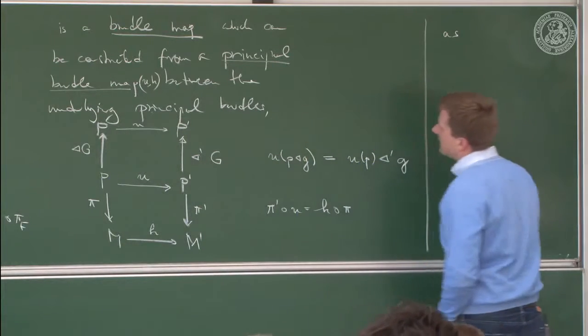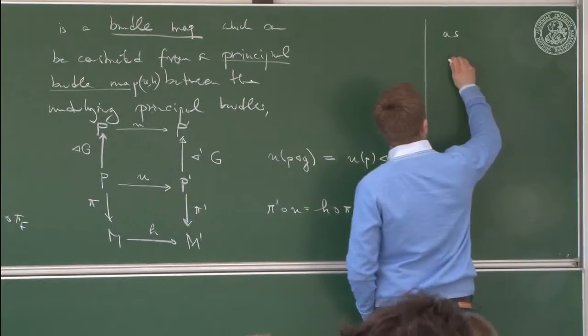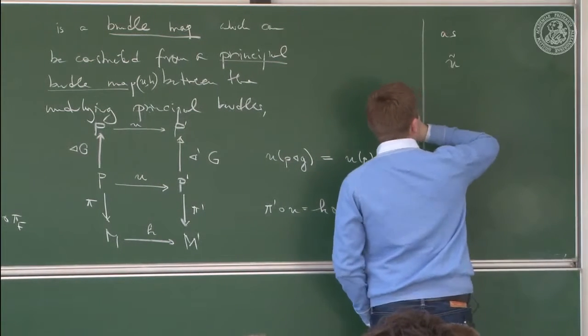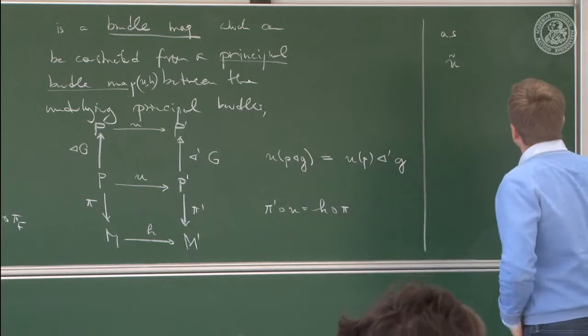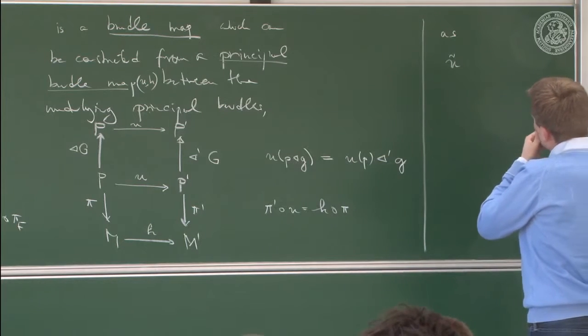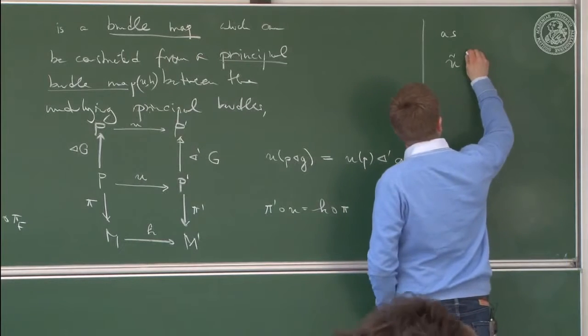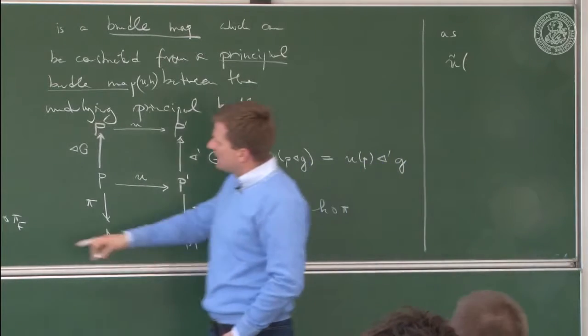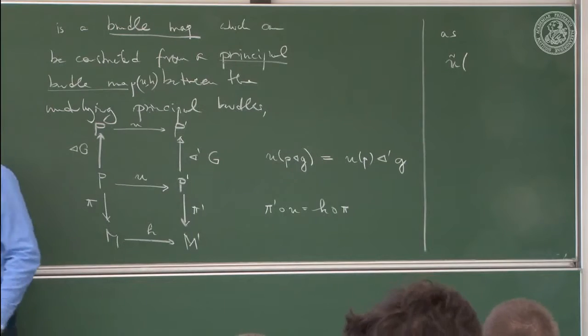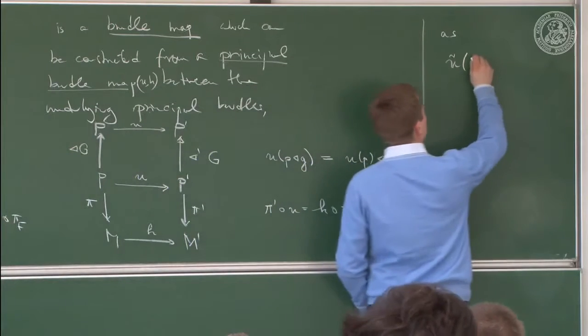And now I tell you how it needs to be constructed. U twiddle needs to eat an element in P_F, in the associated bundle. How does it do that?